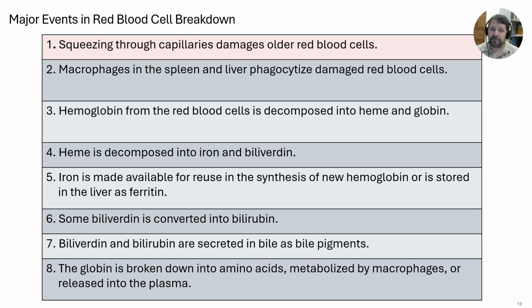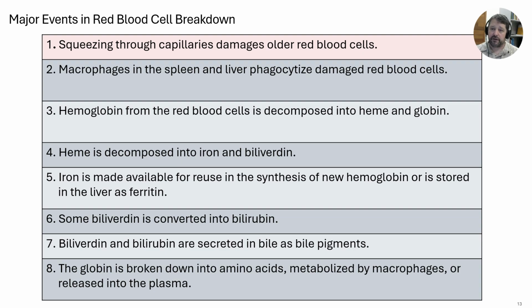The heme is decomposed into iron and biliverdin. The iron can be reused or it can be stored as ferritin in the liver. The biliverdin is often converted into bilirubin, and biliverdin and bilirubin are secreted as bile. So it's a nice recycle system back into digestive juices and then out of the body.